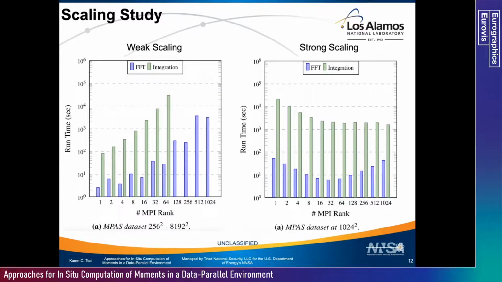Although integration has better strong scalability, the performance of FFT is still significantly better in actual runtime. So FFT will still be a more realistic option, given a real-world combination of the parameters.